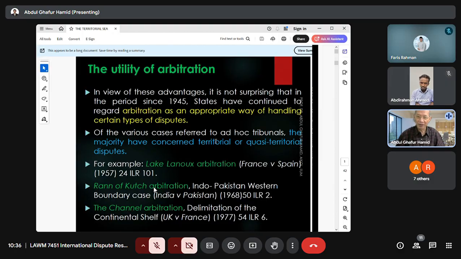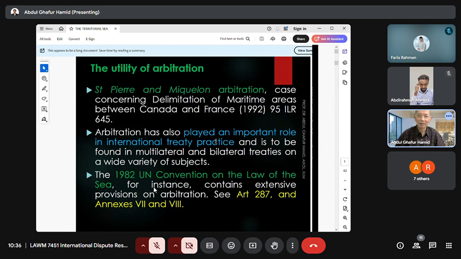The Channel arbitration, delimitation of the continental shelf between the UK and France. All these are territorial or quasi-territorial disputes, and they went to arbitration. Another example, the St. Pierre and Miquelon arbitration concerning delimitation of maritime areas between Canada and France, also went to arbitration.